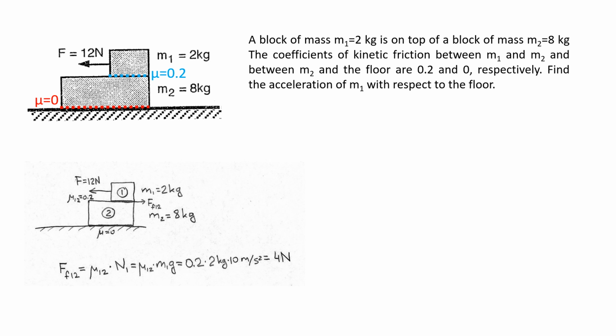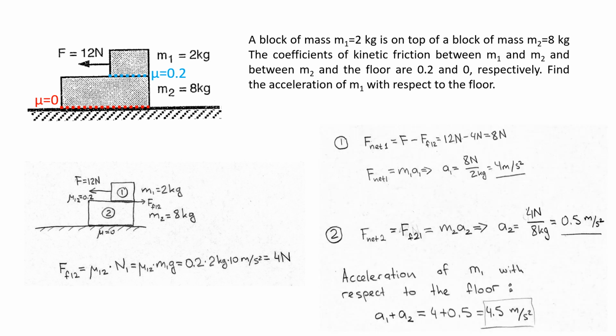Okay, so what is the net force on block 1, right? We want to find the acceleration of block 1. To do this, let's look at the forces acting on block 1. So F is pulling it this way, right? This is shown in here, and the friction force is pulling it backwards.